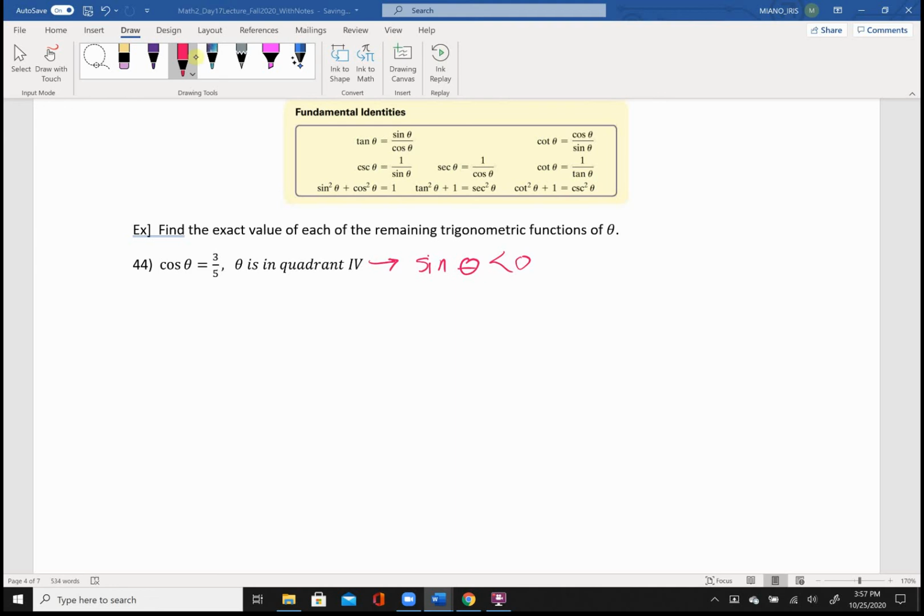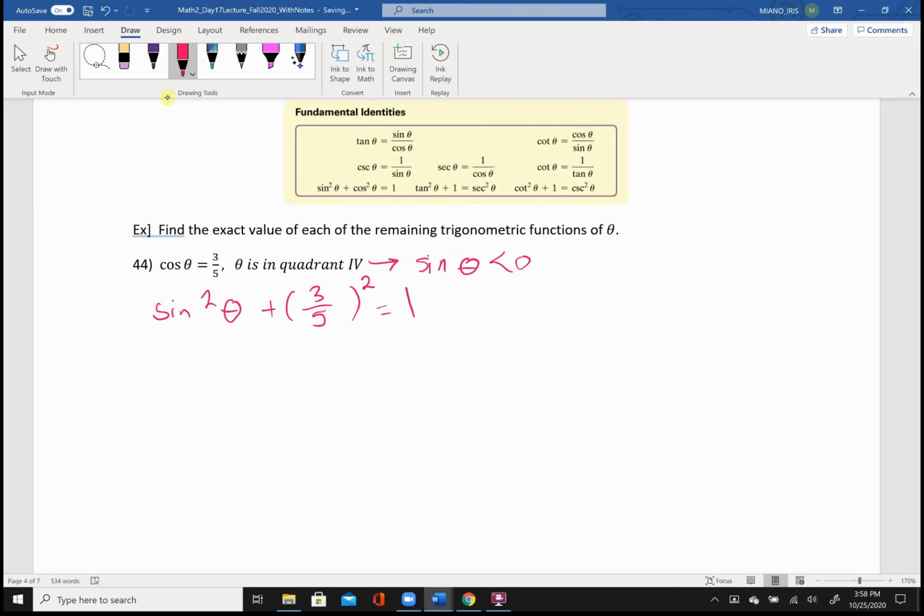And let's also use this identity right here in order to solve for sine theta, because we know the cosine, and otherwise there's just a 1 and a sine squared theta, but we can unpack it to solve for sine theta. So let's put sine squared theta plus cosine squared theta, which is 3/5 quantity squared, equal to 1.